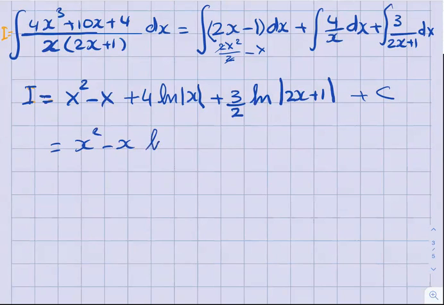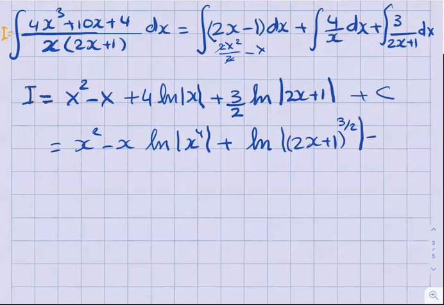So it's ln x to the power 4 plus ln 2x plus 1 to the power 3 over 2, plus C. Yes, that's it.